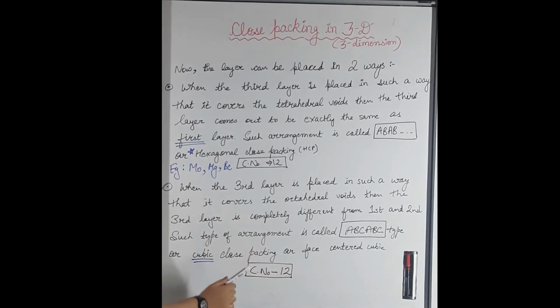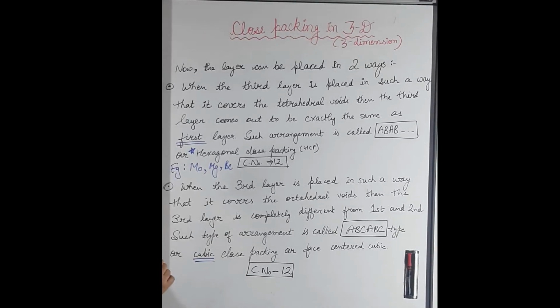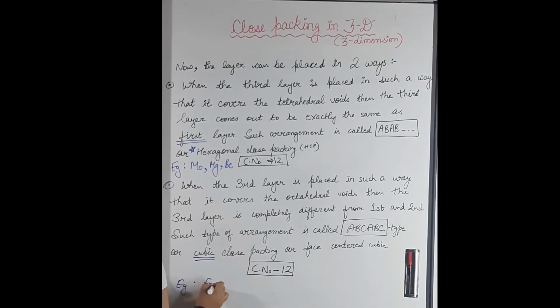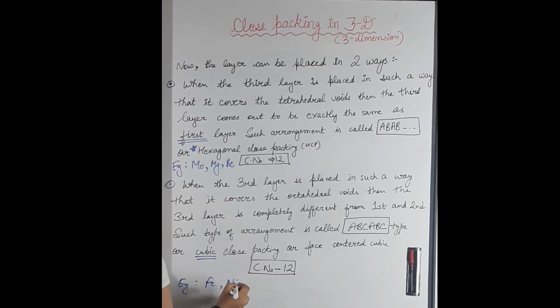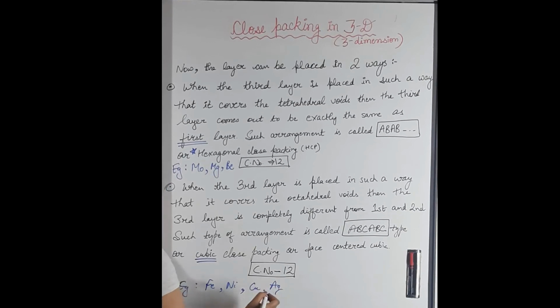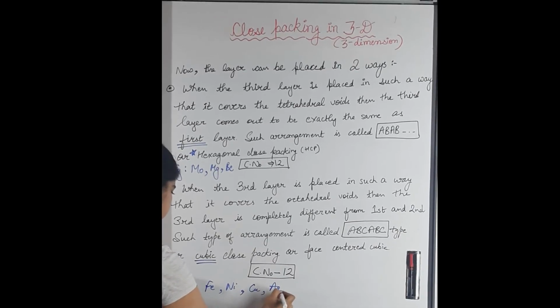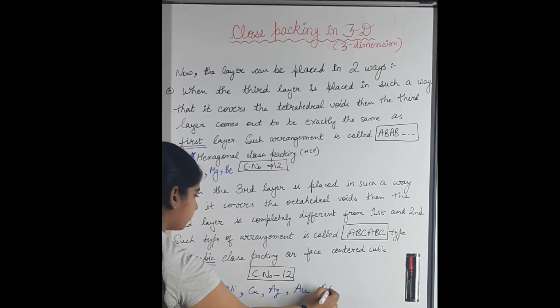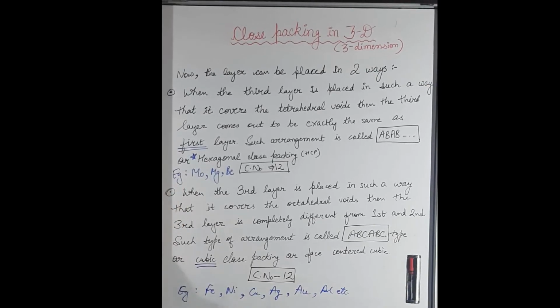The coordination number is 12 in this case. Example, you may note it down: iron, nickel, copper, silver, gold, aluminium, etc.